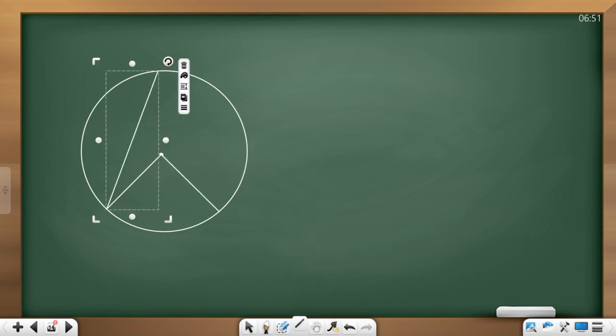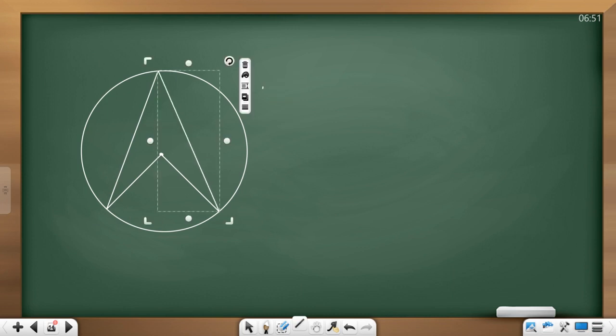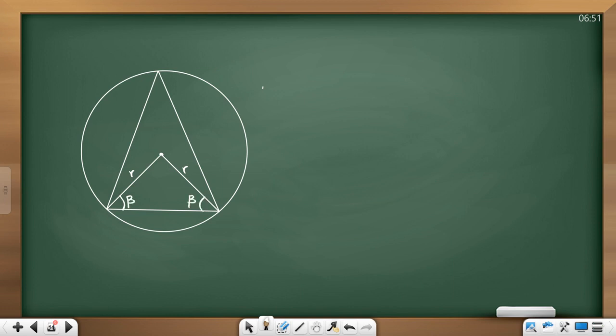So I'm going to draw back my original. If I have this chord, if this is R and this is R, this angle here, let's call it beta, would be equal to this angle here, beta. Why? Angles that are opposite equal sides. Remember, BOC is 2 times.